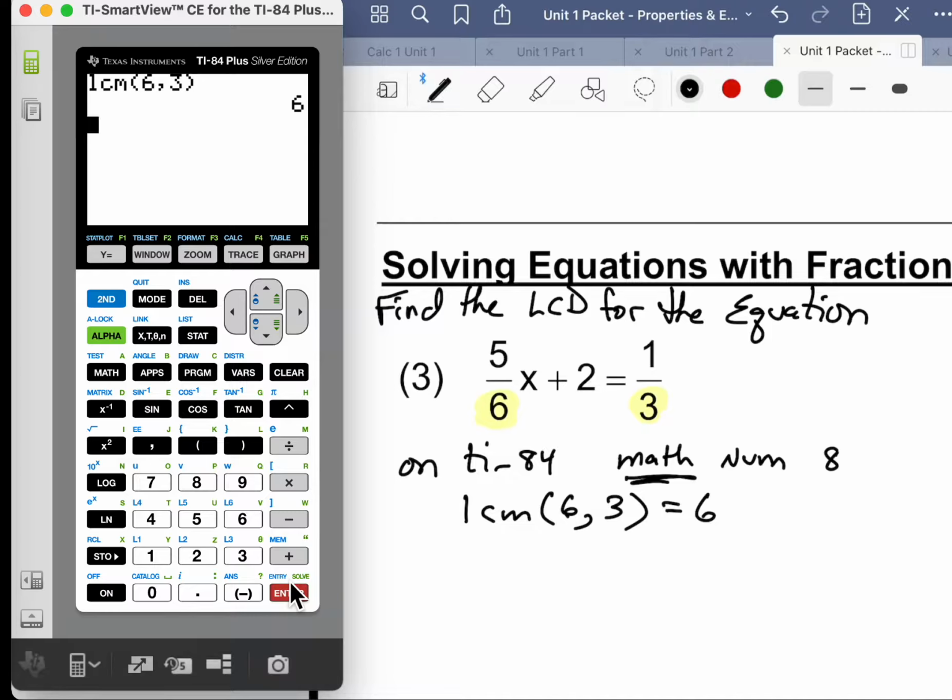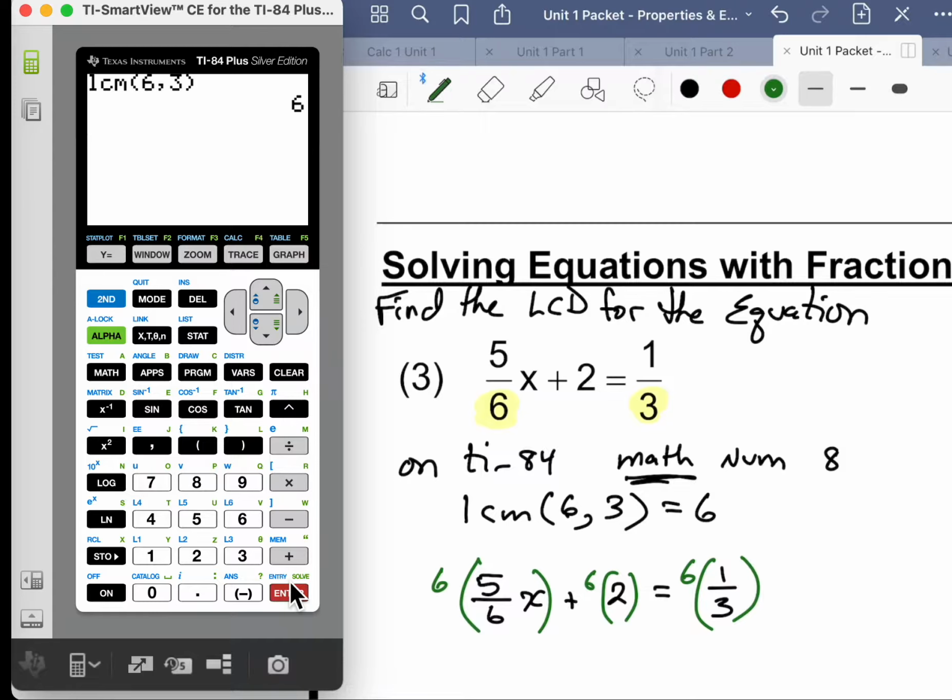And what that gives you is the multiplier for the equation. It's telling us that if we multiply each term of the equation by 6, it will cancel all the denominators out. Now again, you may be able to do it in your head, and that's great. If you can, then go for it.